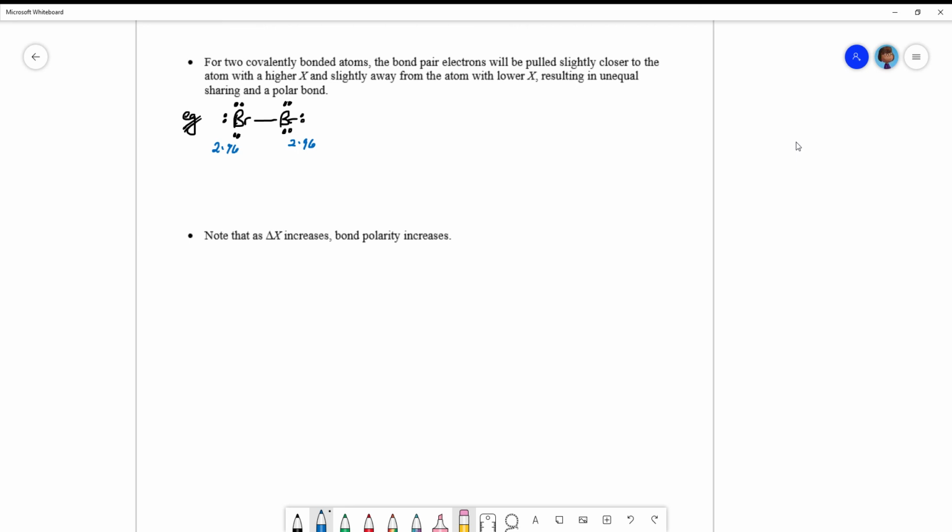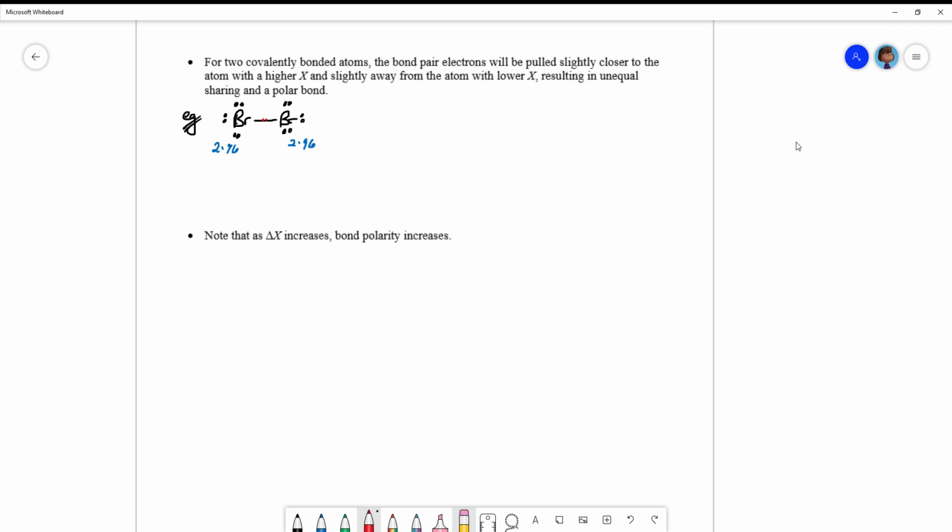Now, that line in between those bromine atoms indicates a shared pair of electrons. Since the two bromines have the same electronegativity, they're pulling on those bond pair electrons with equal strength. So are the electrons going to be further to the left, further to the right? No, they're going to be right in between.